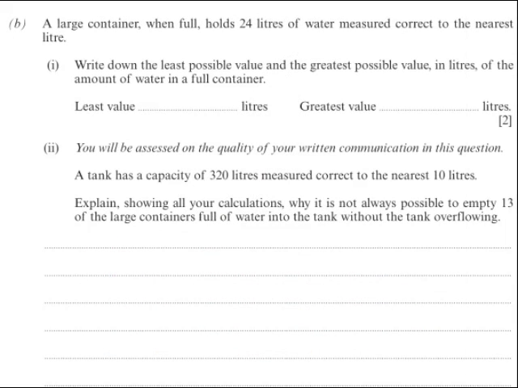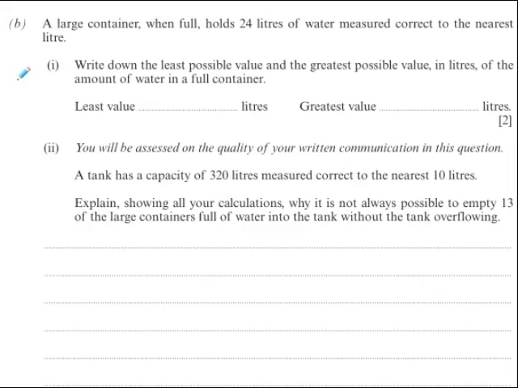Now on to the second part of the question, which in itself is in 2 parts. It says, a large container when full holds 24 litres of water, measured correct to the nearest litre. Write down the least possible value and the greatest possible value in litres of the amount of water in a full container. Now this is a question about rounding.